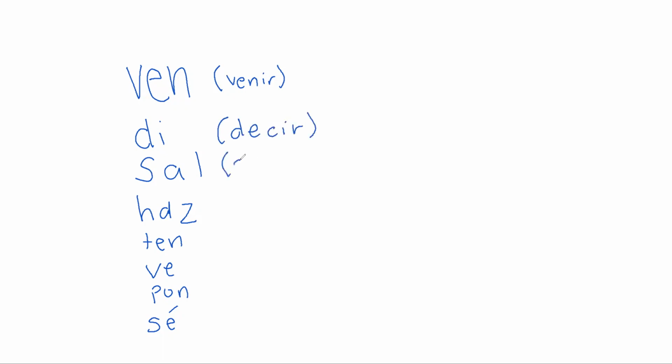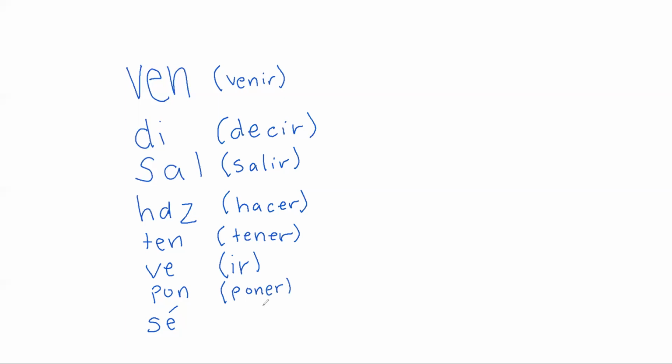Sal comes from salir. Haz comes from hacer. Ten is from tener. You might hear it with a lot of the tener idioms like ten cuidado. Ve is from ir. Pon is from poner. And se is from ser.